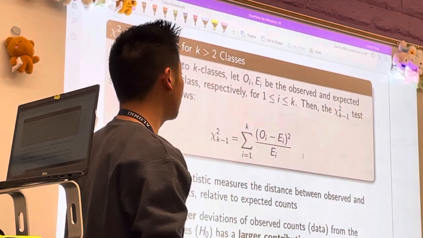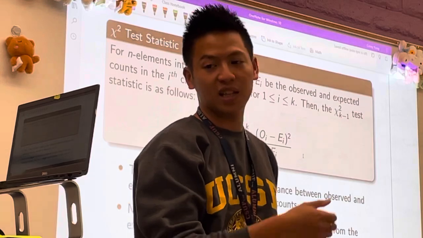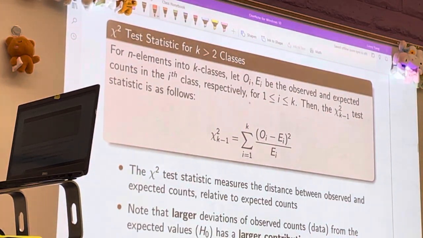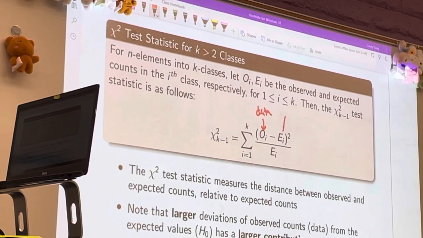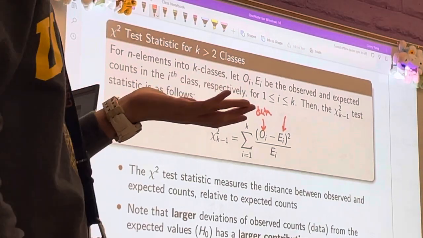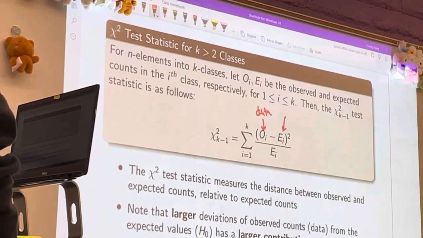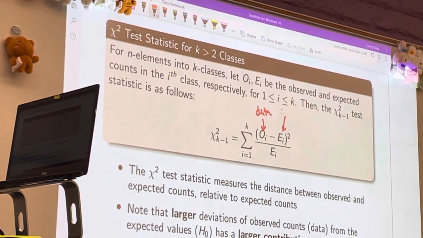So the idea here is that the observed counts come from the data. And then the expected counts, how many observations I expect to fall into those classes, are going to be defined by the null hypothesis.